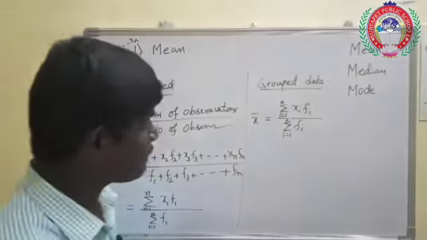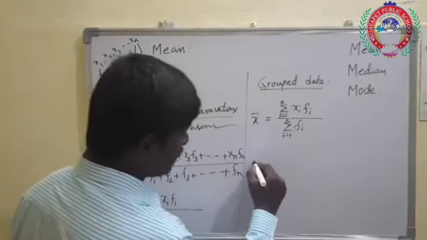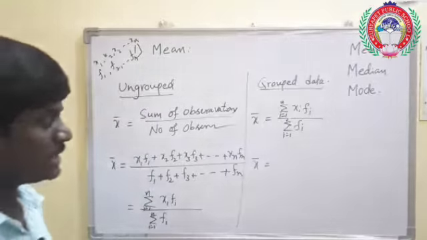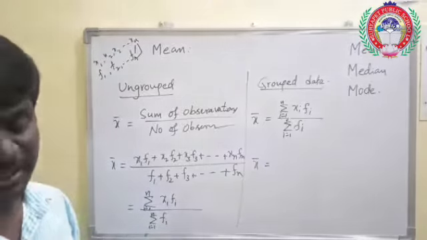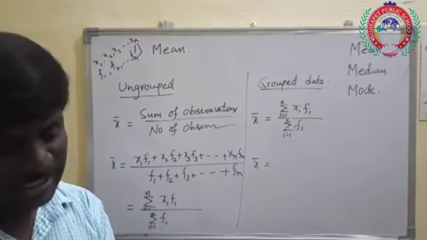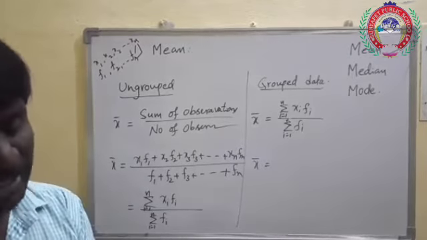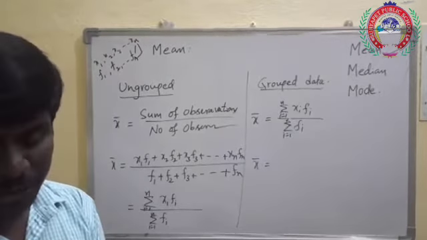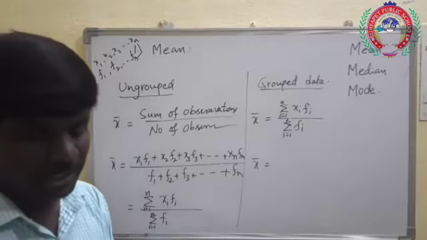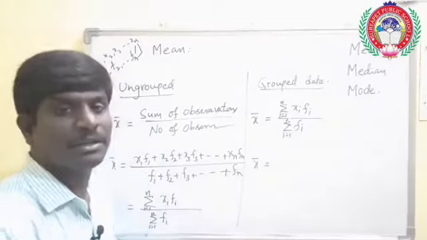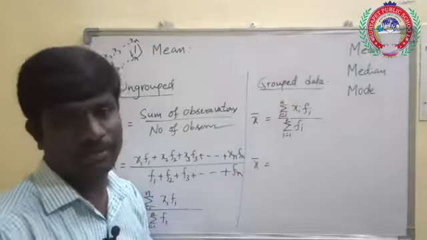Okay friends. Now another method to find the arithmetic mean is the assumed mean method. The second one is the assumed mean method. In the assumed mean method, we will assume any one value as the arithmetic mean. By using that assumed mean, we will find the actual mean.